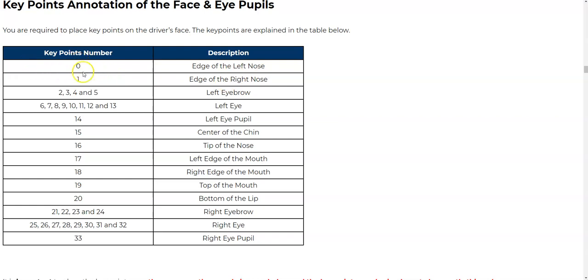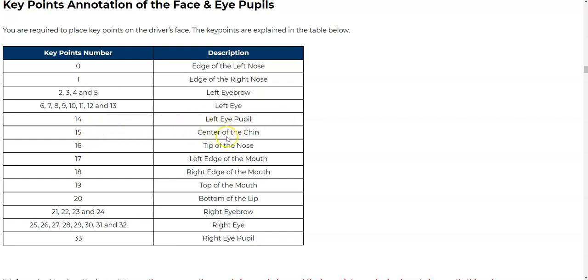Key point 0 is placed on the edge of the left nose. Key point 1 is at the edge of the right nose. Key points 2, 3, 4, and 5 are placed for the left eyebrow. Key points 6 to 13 are placed on the left eye. Key point 14 is the left eye pupil.